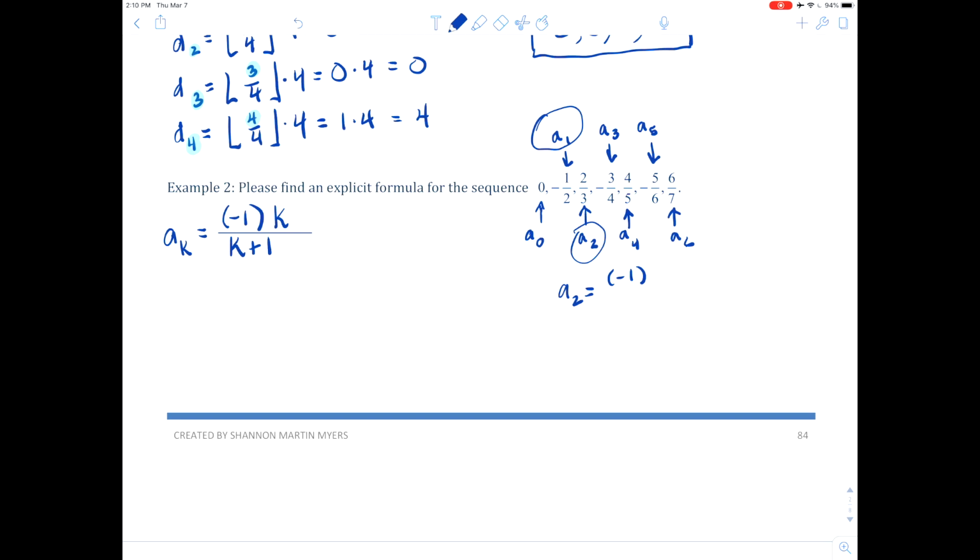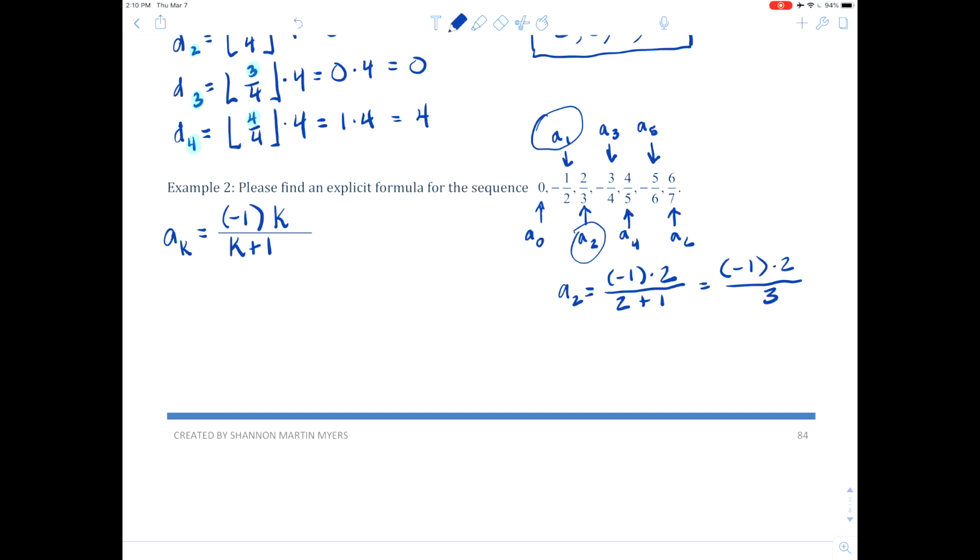And then if I did it with this formula I had done, it would be 2 over 2 plus 1, which would be -1 to something times what? Beautiful. 2 over 3. So that works out. So I think we're going to have that be our general term.